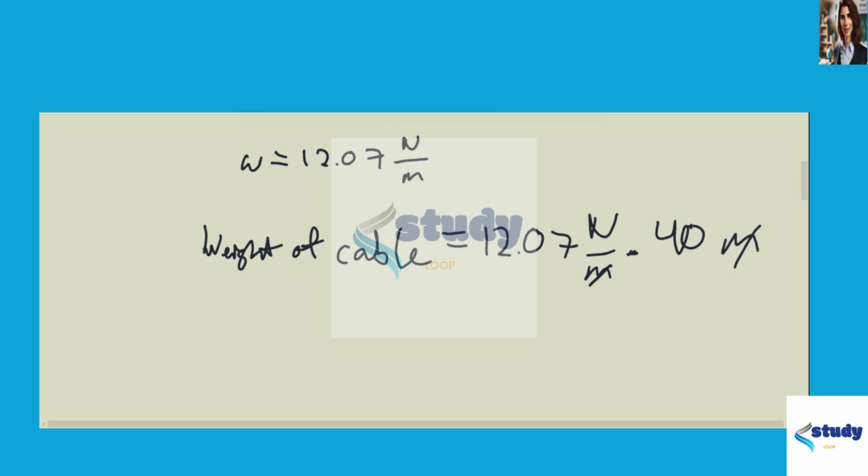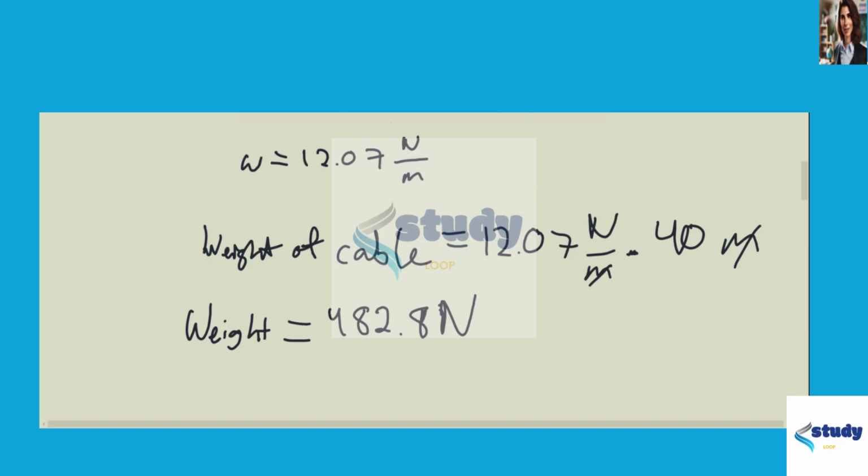Now our meters canceled, and so we find weight of cable equals 482.8 newtons. That is the weight.